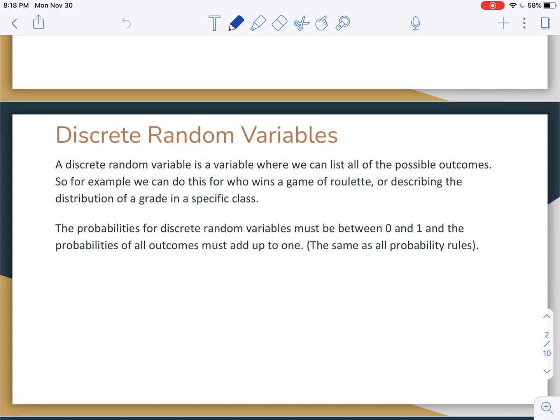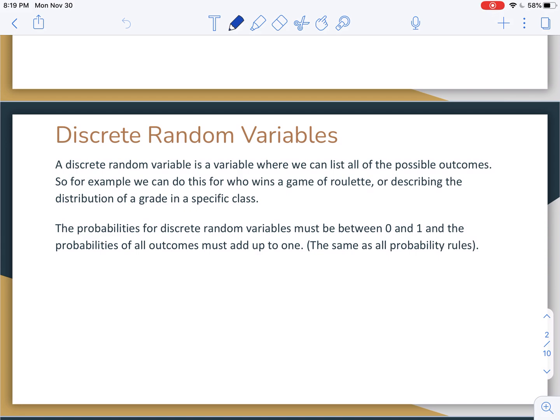And you can do this for every type of betting in roulette. If you bet on 1 through 12, you either win $2 or you lose $1, and you can list the probability of each. There's only two outcomes, and there's a probability associated with each outcome, and you can list those.